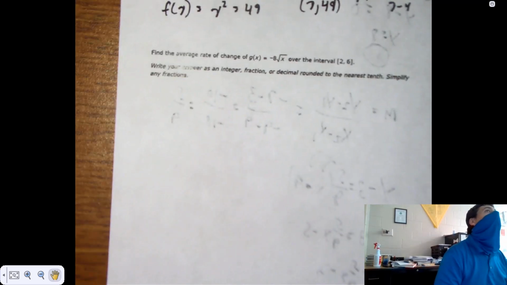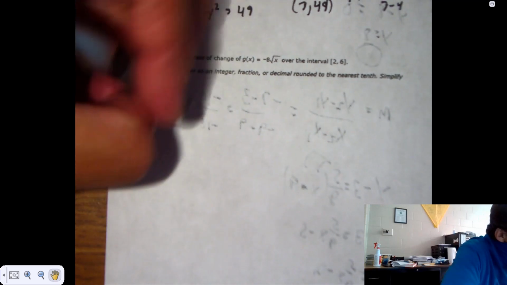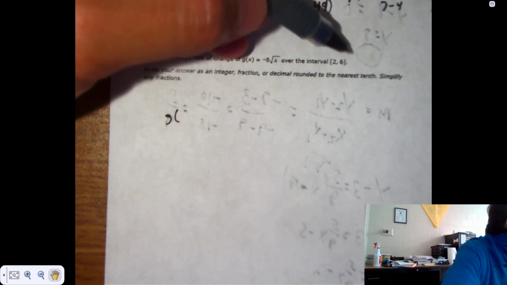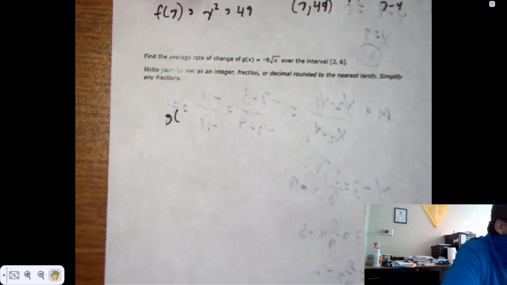Last one. And I'll just work this one out with you. Find the average rate of change for g of x being negative 8 roots of x over the following interval 2 and 6. And you really don't have to do a lot here. I mean, can you take the square root of 2 or the square root of 6? This thing is entirely a calculator problem.